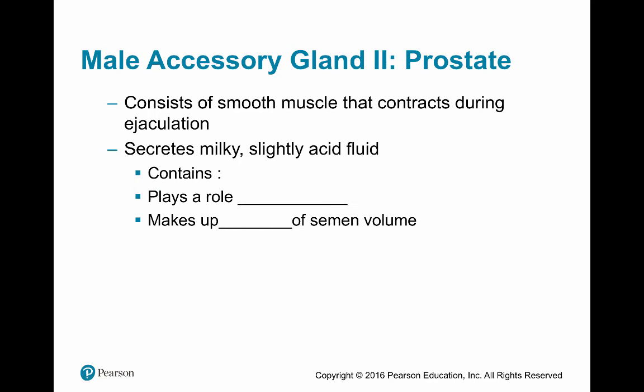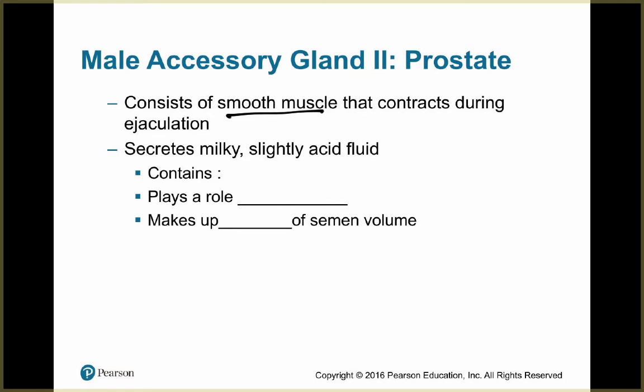The next one that we're going to talk about is the prostate gland. Now, the prostate gland will encircle the urethra that's inferior to the bladder. It's about the size of a peach pit, that inside part of a peach. It does contain smooth muscle as well that contracts during ejaculation. And this is going to secrete milky, slightly acidic fluid.